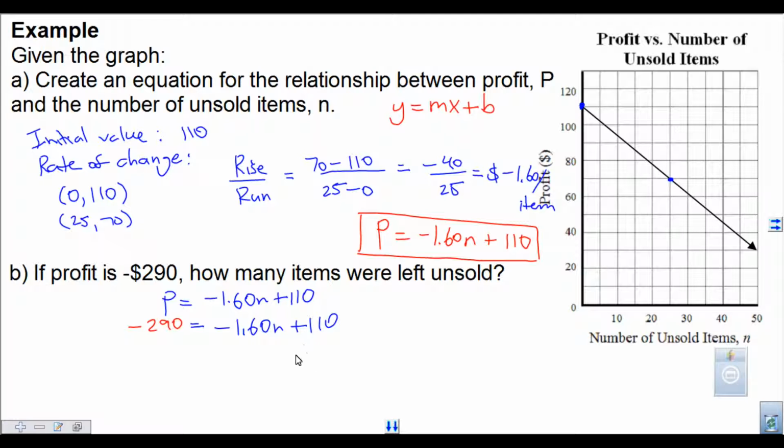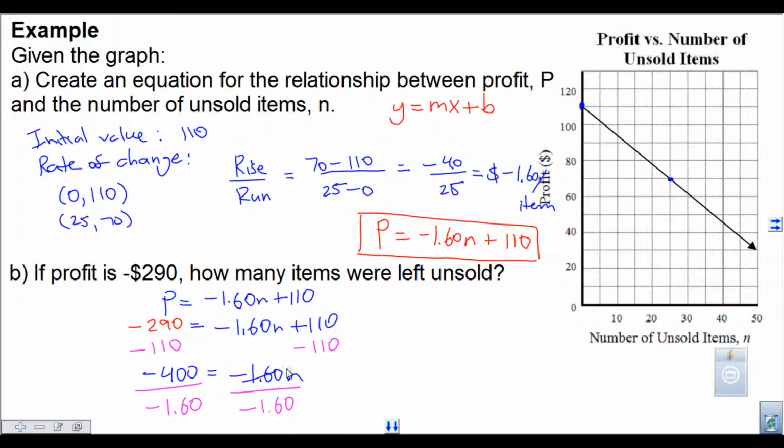So let's solve for N. Let's subtract 110 from both sides. So that'll get me negative 400 is equal to negative 1.60 N. Now to isolate N, we're going to divide both sides by negative 1.60.